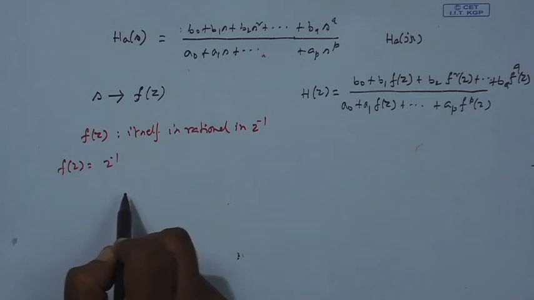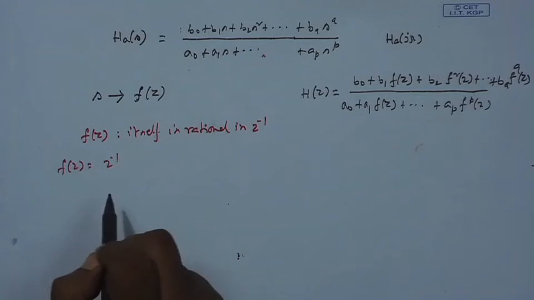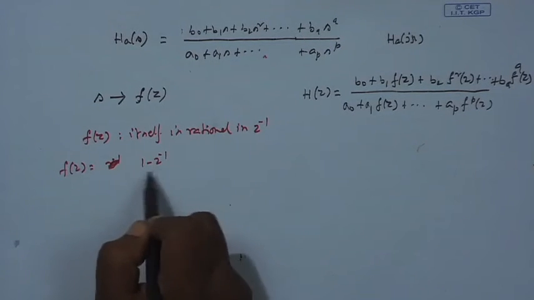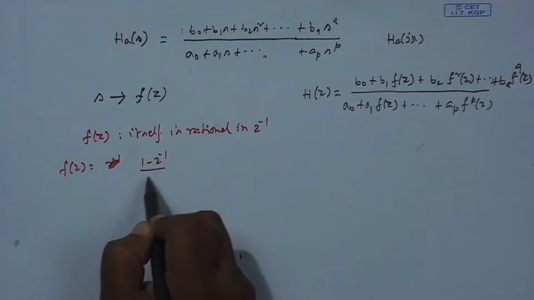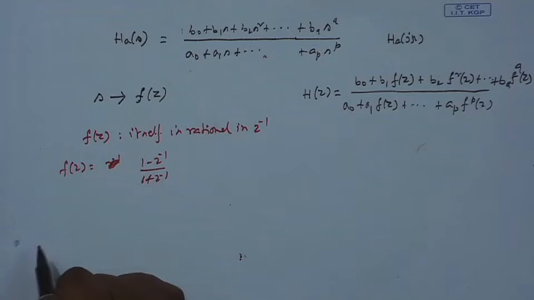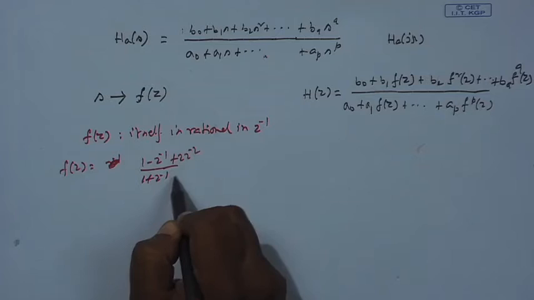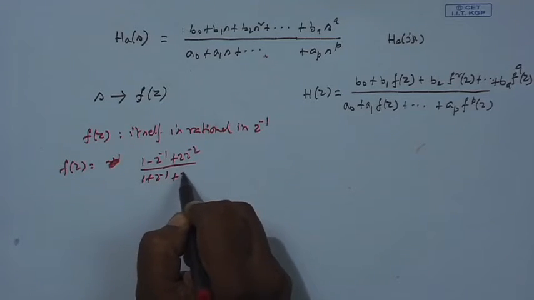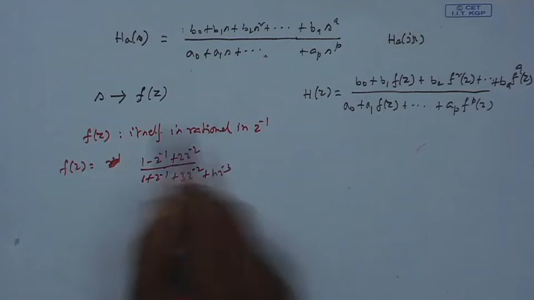It could be 1 by z inverse, that is z. It could be 1 minus z inverse, or 1 minus z inverse by 1 plus z inverse, or 1 minus z inverse by 1 plus 2 z inverse square. You can have more powers in the denominator, 3 z inverse 2, 4 z inverse 3, like that. These are all rational functions.